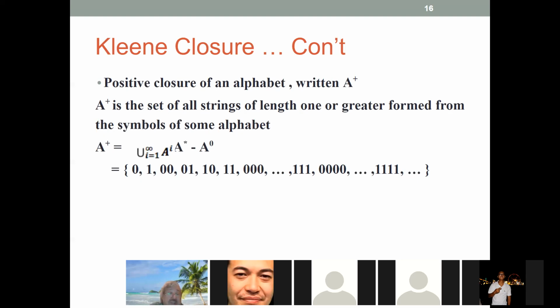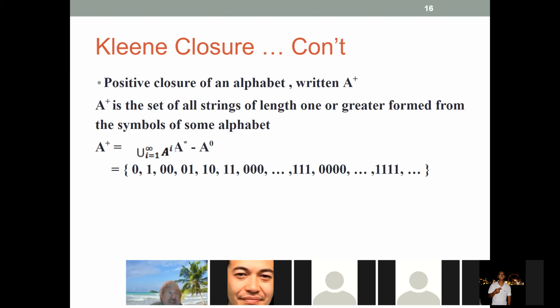And now the notes, there should have been some space there, of course, which is the same as A star minus A to the 0. Careful, when I pause like that, I'm talking superscripts. So you got every binary string, but then you take the set containing the empty string away.